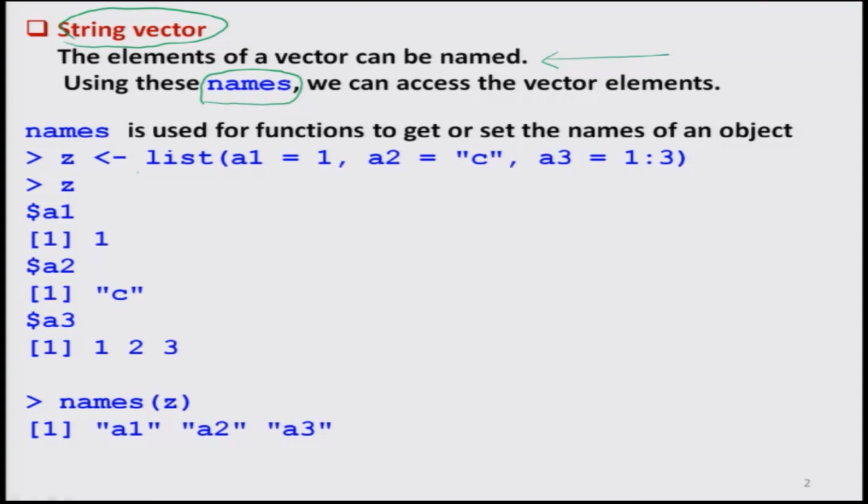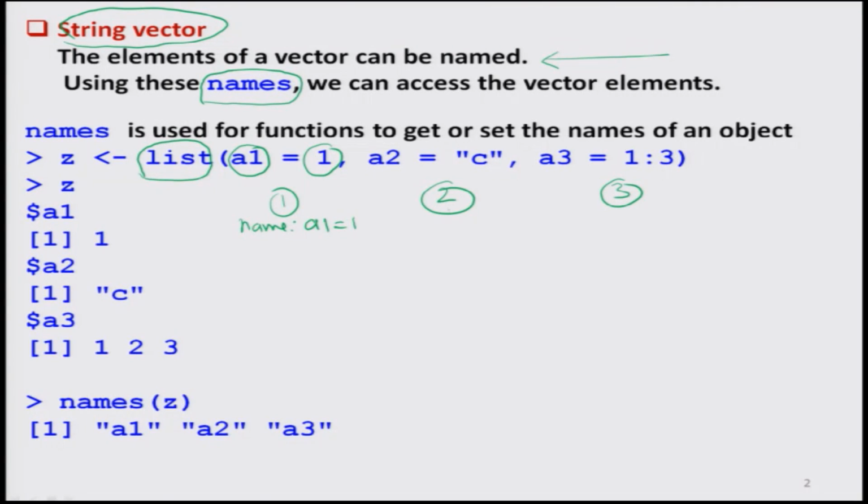Suppose I try to create here a list. Since this is a list, it can have each and everything, numbers or alphabets or anything else. So, I take here 3 elements, element number 1, element number 2 and element number 3. You can see here the first value is A1 equal to 1. That means the value here is 1, but I am giving it a name A1.